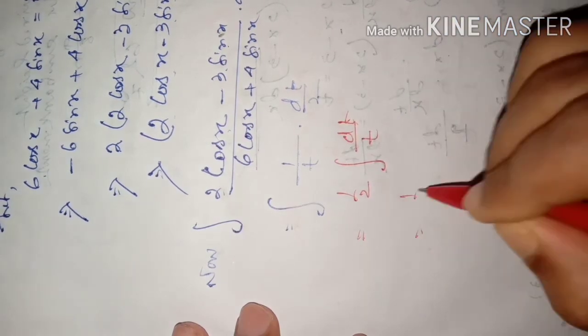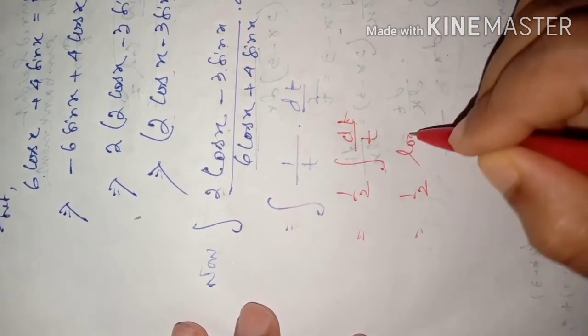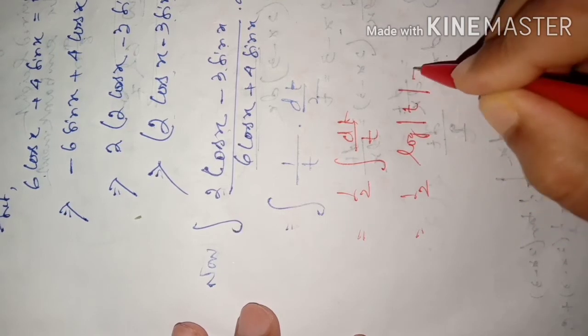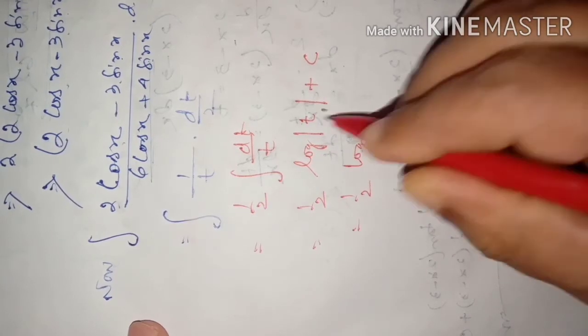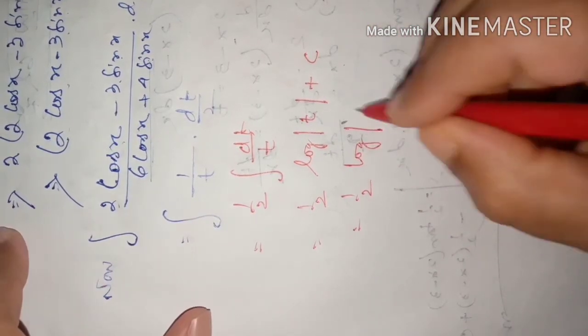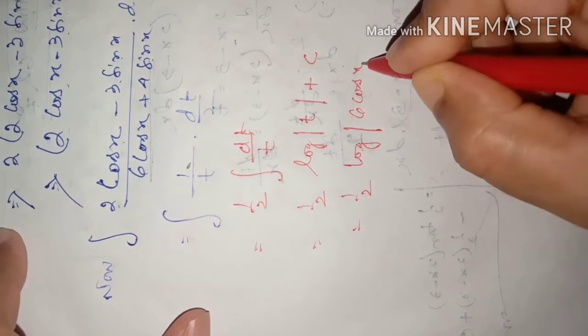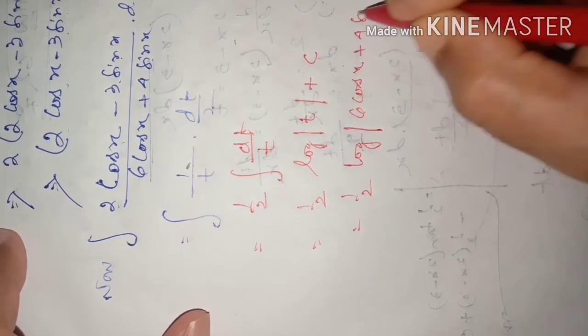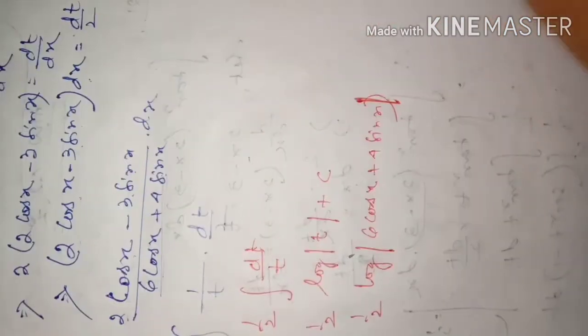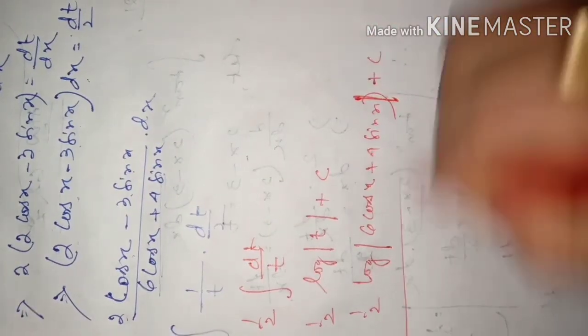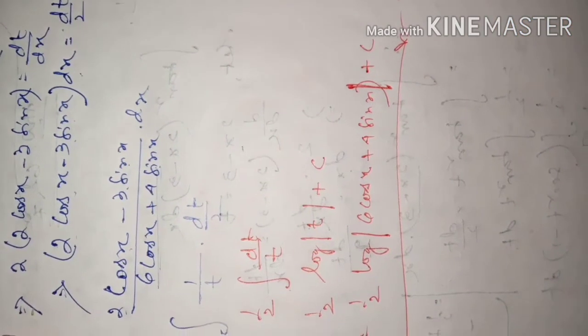Then you can write now 1 by 2 into log of t plus c, because 1 by t integrates to log of t, and t stands for 6 cos x plus 4 sin x, plus constant c. This is our answer. Okay, dear students.